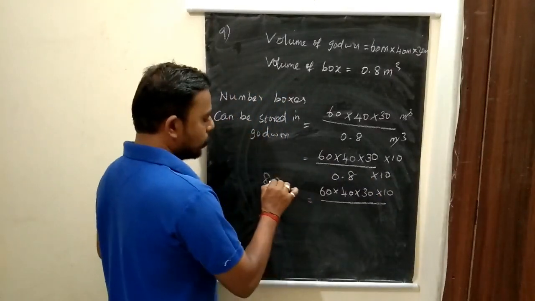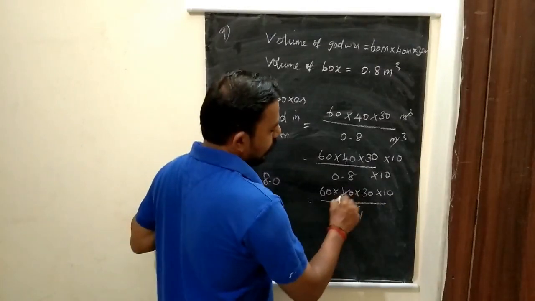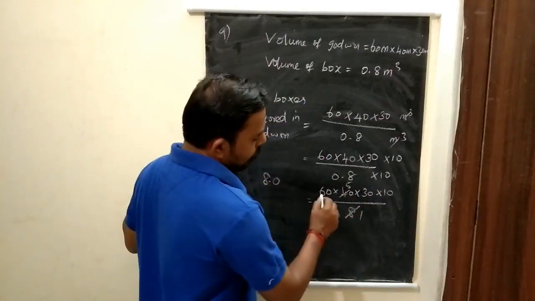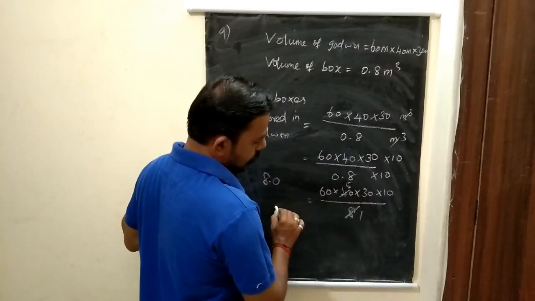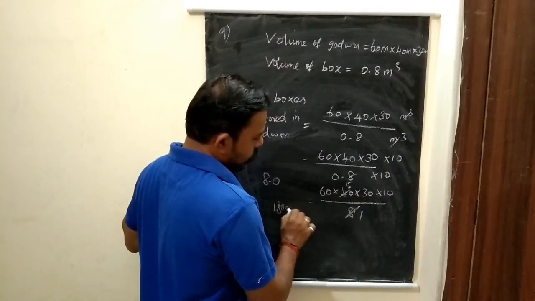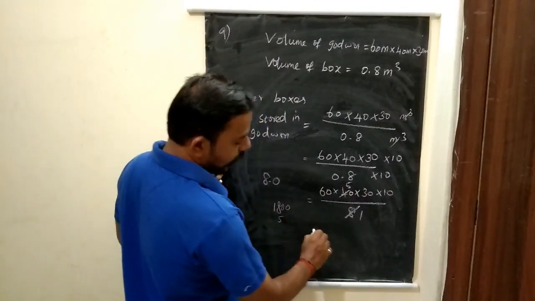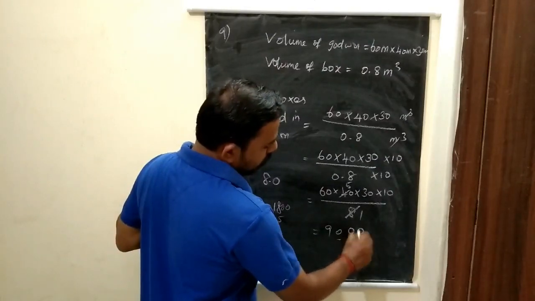Here you have a decimal, so point. Now 1 8s are 8, 5 8s are 40. Now we need to multiply. So this one is 1800. This was 50. So finally 9000.